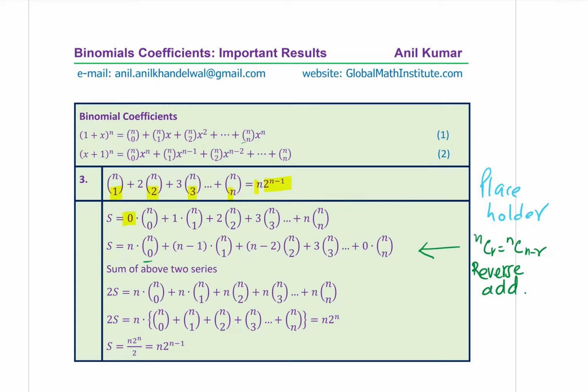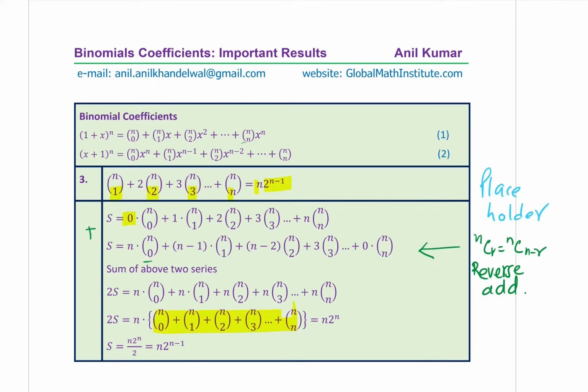Okay, now if I add these two series, what do you get? I get 2 times S is equal to, see, n plus 0 is n, correct? n minus 1 plus 1 is how much? It is also n. So for each term here, we get a coefficient which is n. So 2S equals n, which is common, times the sum of the series which we need.